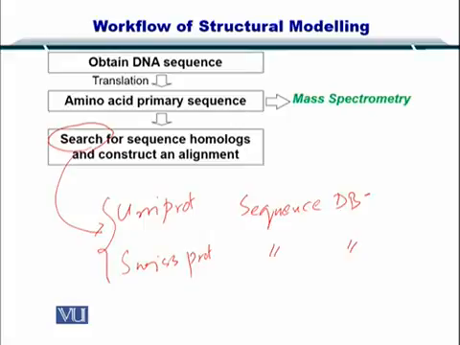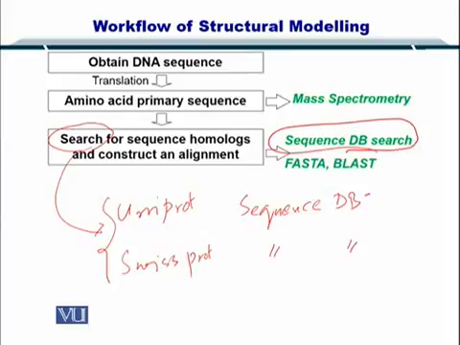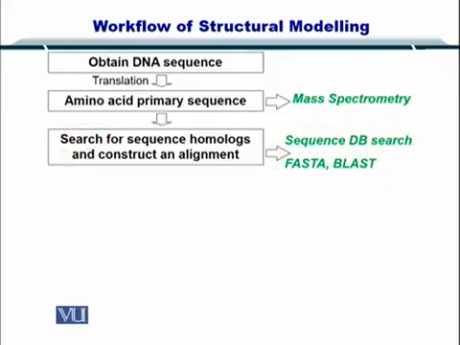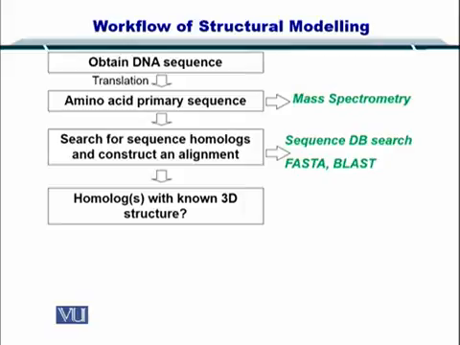So towards this goal, after you search the sequence databases, you need to perform a BLAST, a sequence BLAST. The BLAST algorithm will give you the best or the closest sequences from the database when compared with your protein.